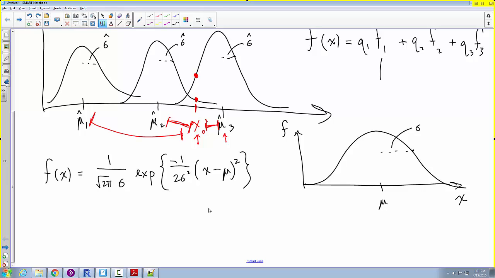Now let's think multivariate, like 15,000 gene expression measures. There's a corresponding distribution. X is now a vector, so that underline means vector.